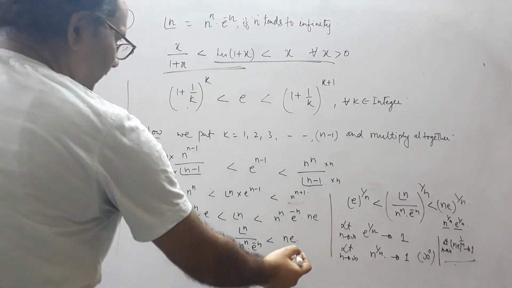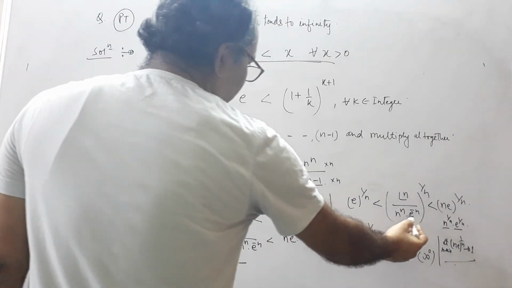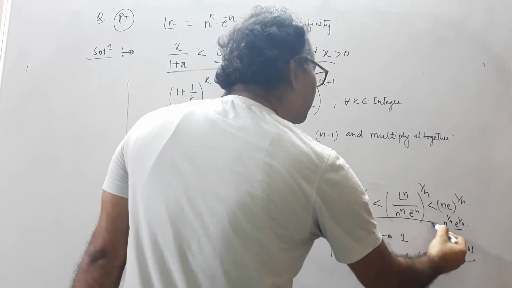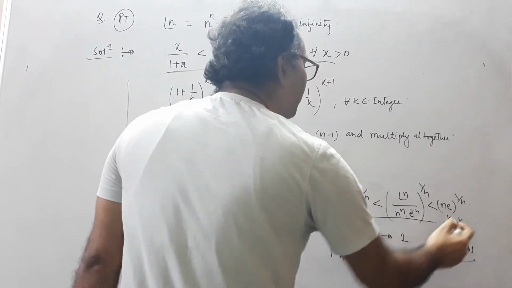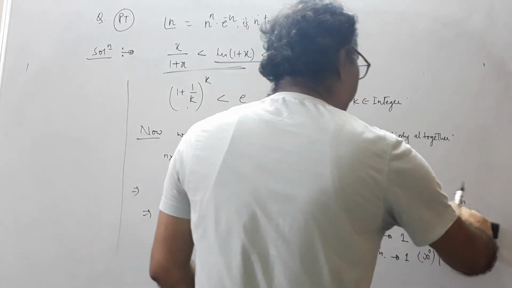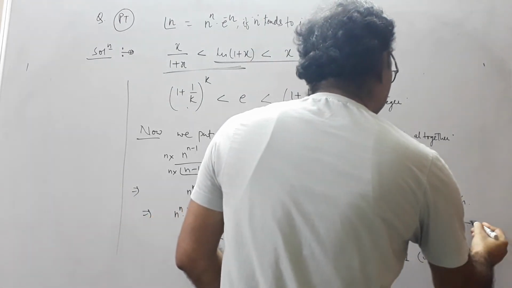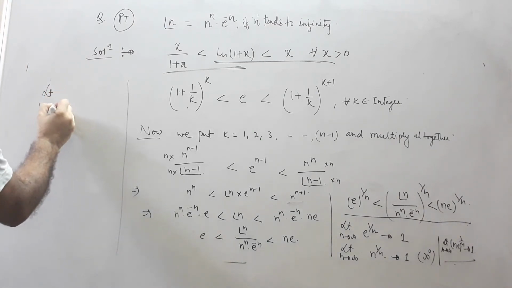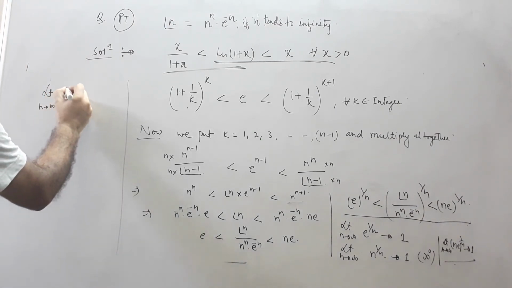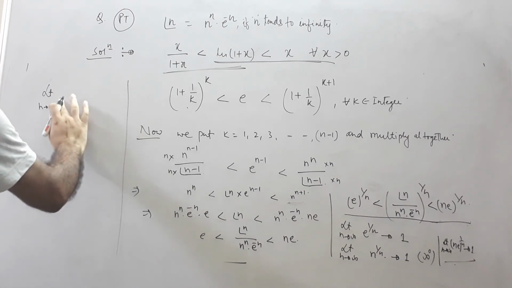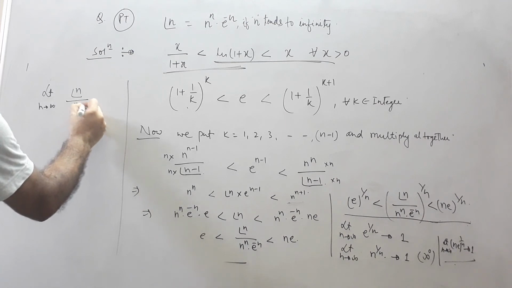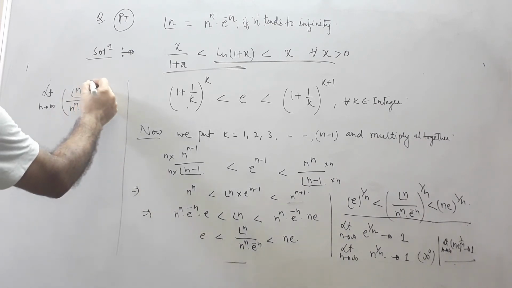Now we have left, by the Sandwich theorem, if we put the limit on this: the limit as n tends to infinity of factorial n divided by n to the power n e to the power minus n, to the power 1 by n.